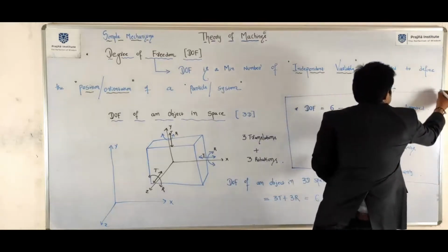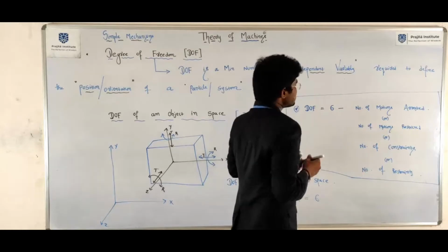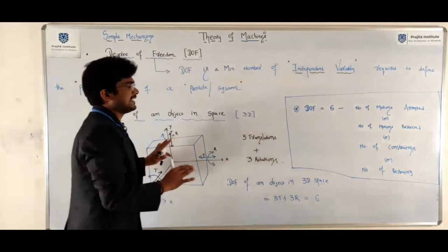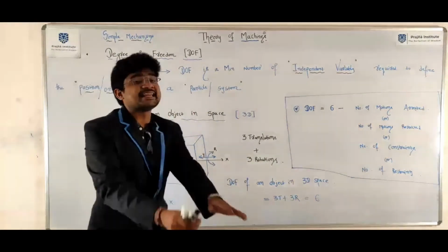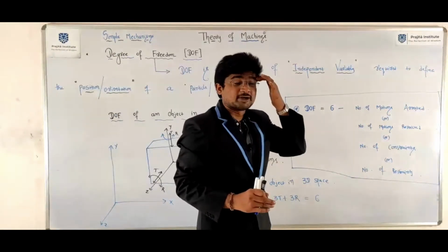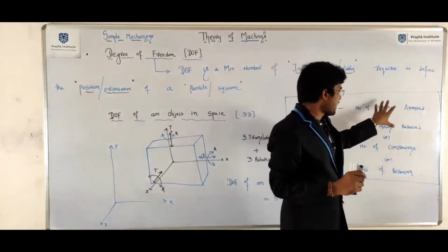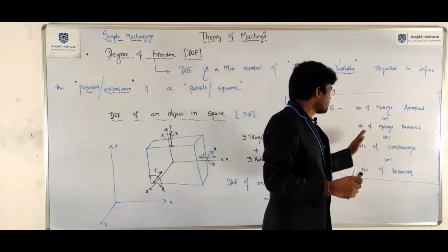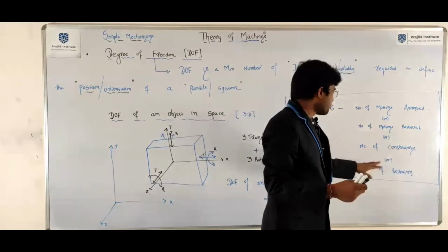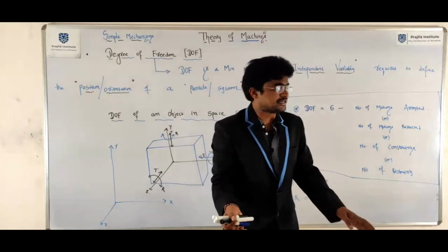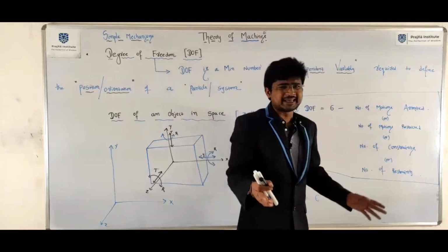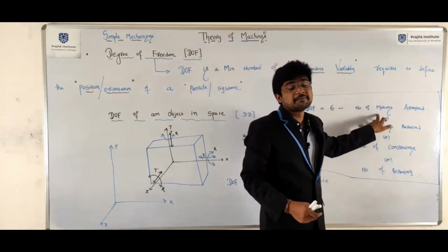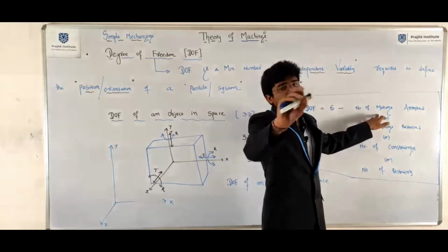6 is the total possible motions of an object in space. If any restriction comes to that particular object, we need to subtract the number of motions arrested or restricted, the number of constraints or restraints. More or less the same meaning. We subtract the number of restricted possible motions.